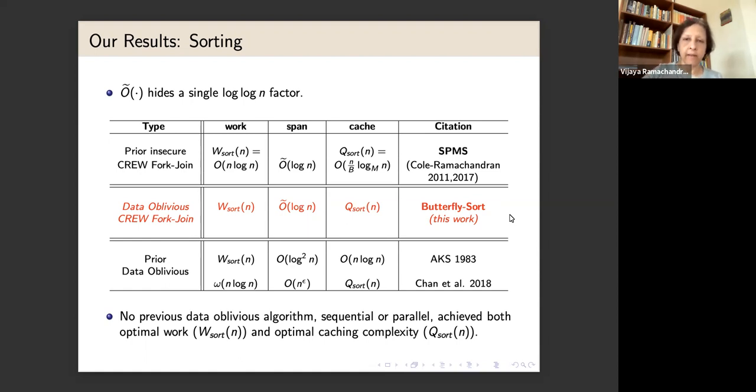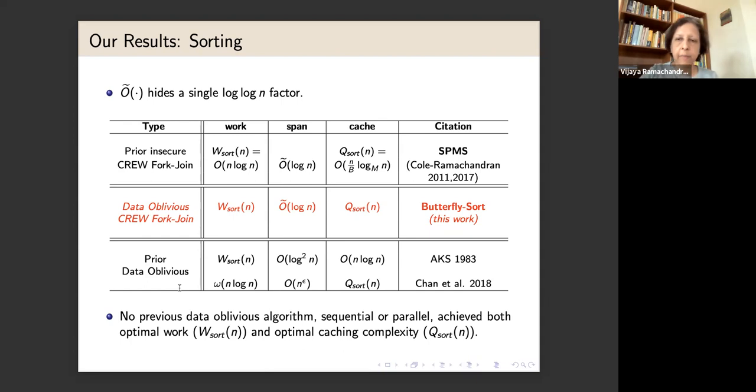Now, if we compare ourselves to prior data oblivious algorithms, we do very well, because even sequentially, no data oblivious algorithm was known that achieved both work and cache optimality, even in the cache aware setting. We get work and sorting optimality plus close to optimal span.